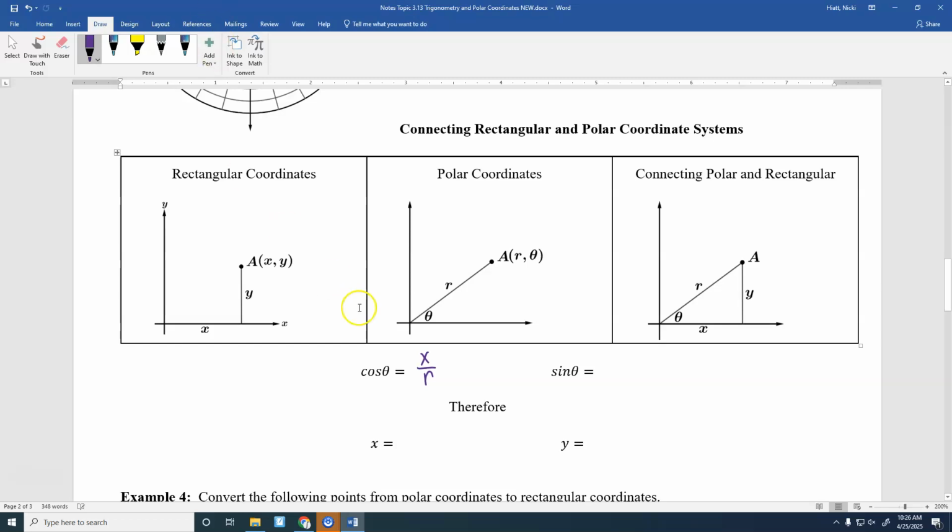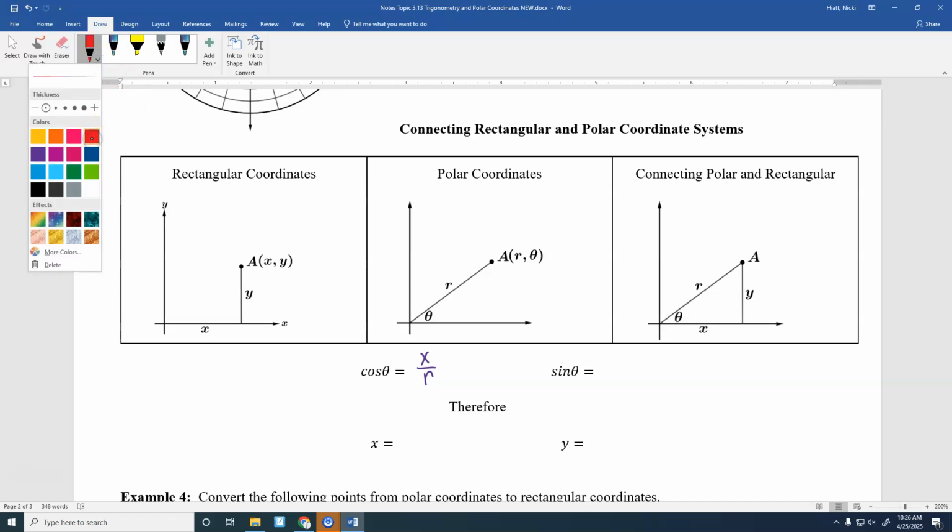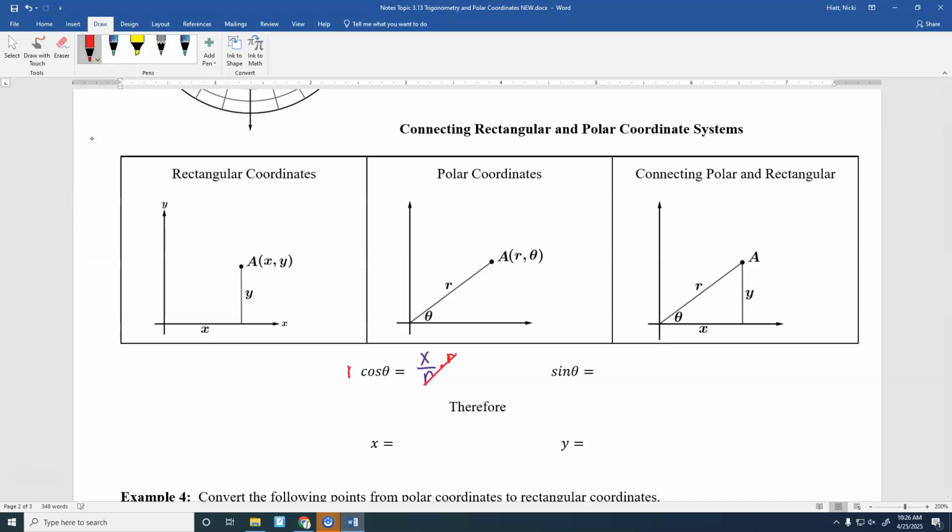If I want to solve that for x, so I just have a formula for converting, all I would have to do is multiply by that r on both sides. So x just equals the radius times cosine of theta.